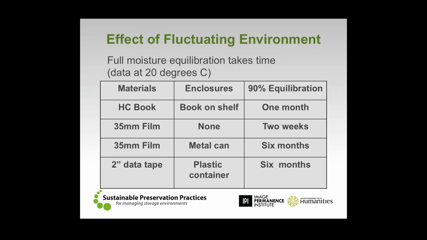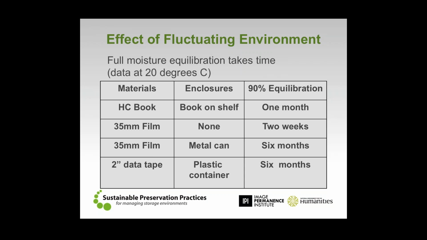Now, you take a reel of 35 millimeter film with no enclosure, that would fully equilibrate over 2 weeks. Not as much thermal mass, it equilibrated much faster. Maybe depending on dimensions and size of the hardcover book, maybe there was a little bit more surface exposure to work with.